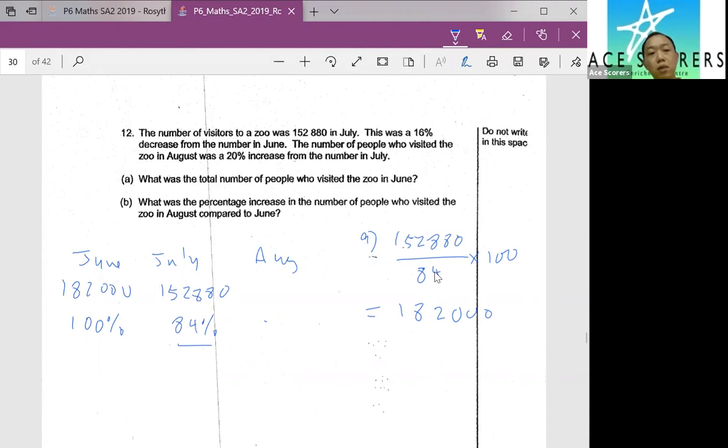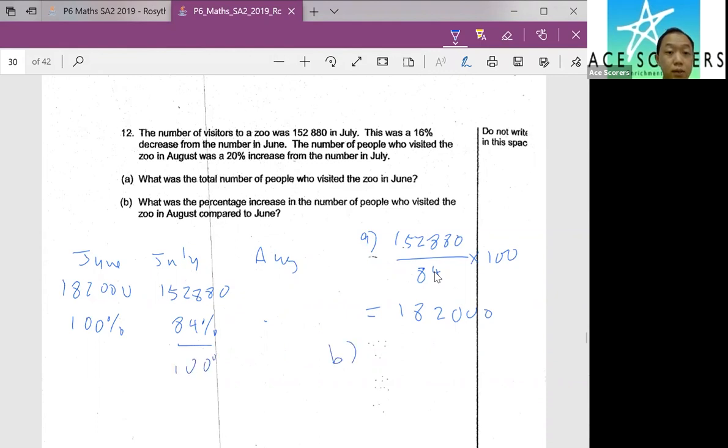That's part A. So part B, what was the percentage increase in the number of people who visited the zoo in August from June? So you have to find the number of people that went in August. Now this becomes a new 100%, yeah?